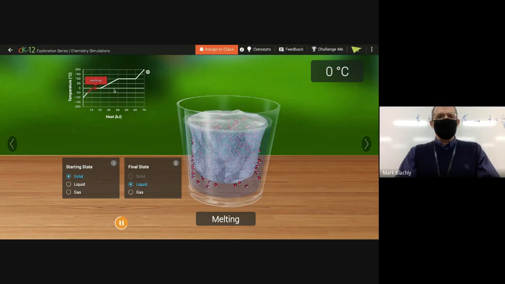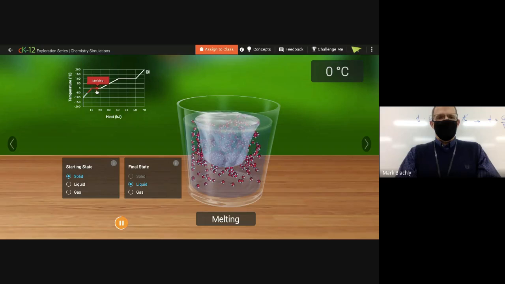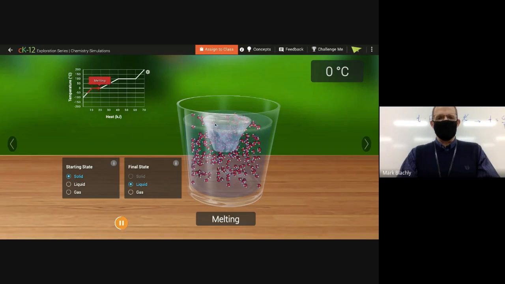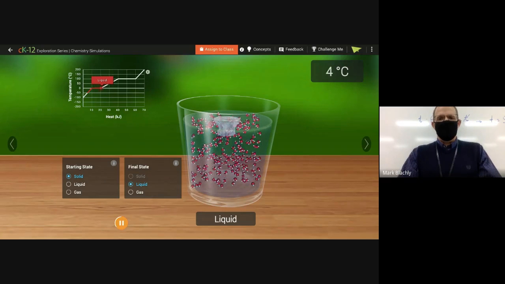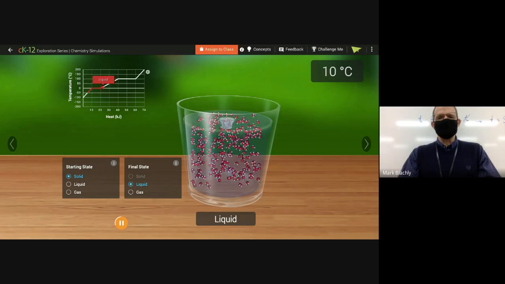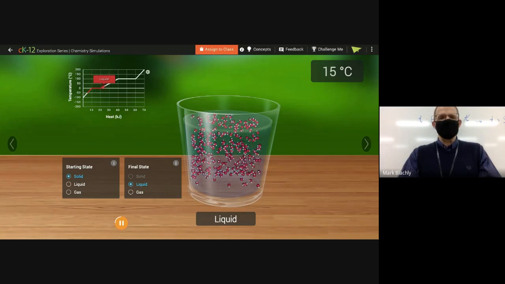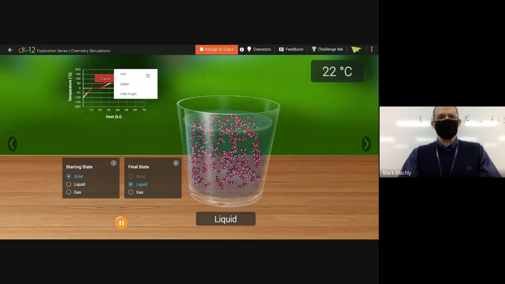So over here we have a graph that shows what's going on. And this is the graph that's going to be important. As it melts, we have less and less ice and more water, but the temperature didn't change. And now when all the ice is gone, the temperature will start going up again. So this is the graph that we're interested in.